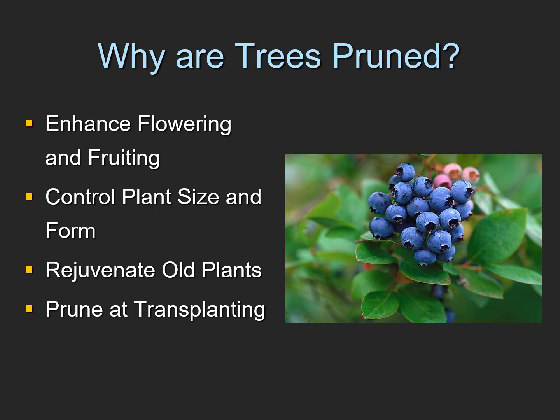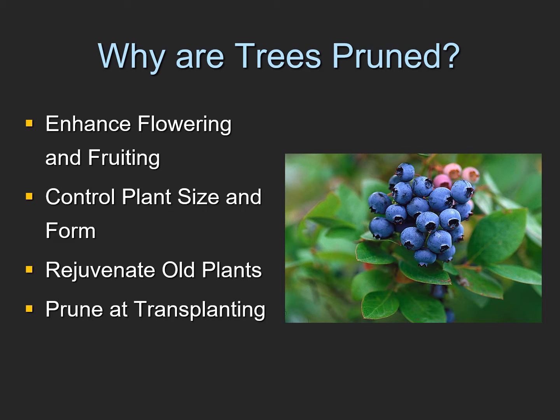Some other reasons why we would prune trees and shrubs is to get enhanced flowering and fruiting, which we do a lot with our fruiting crops, which is a separate type of pruning than we're going to talk about in today's video. To control plant size and form, to keep some of those trees and shrubs down in the landscape from overgrowing their locations.